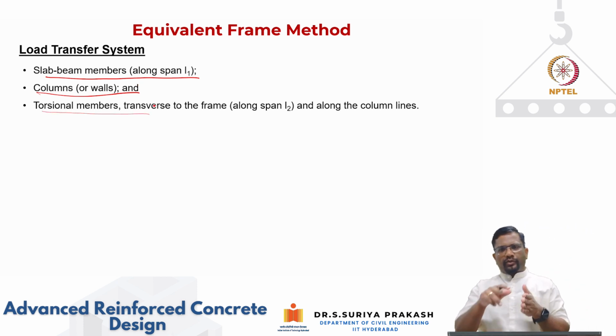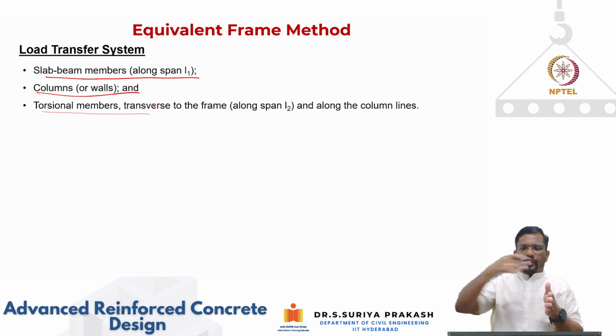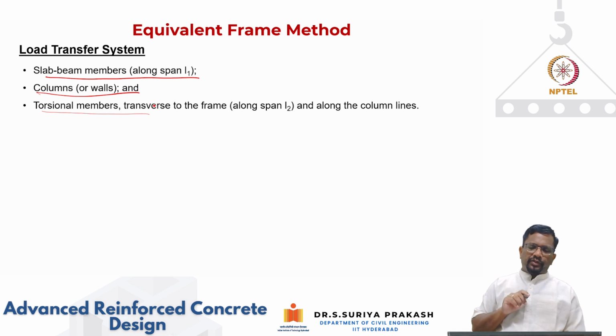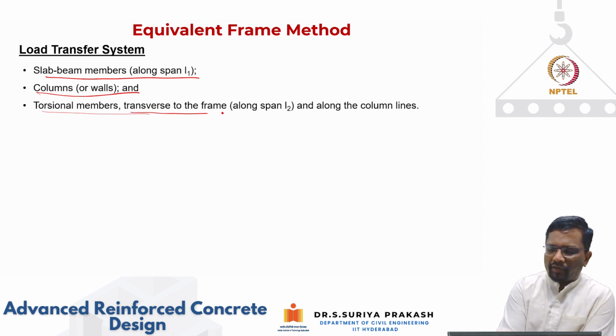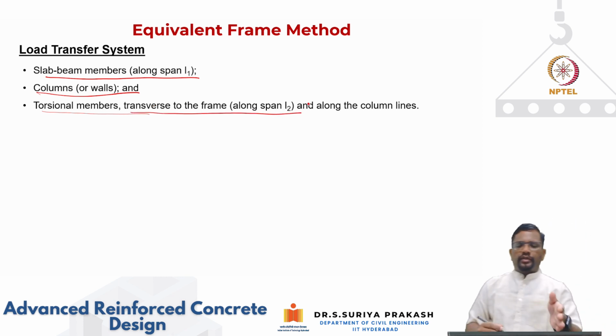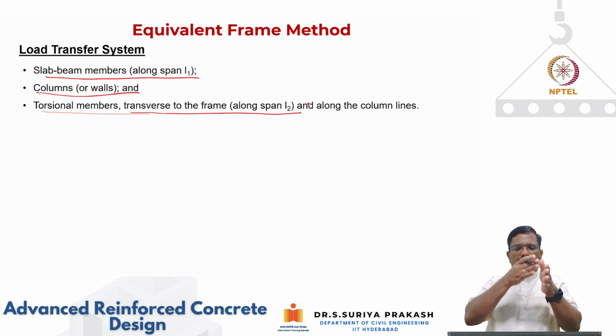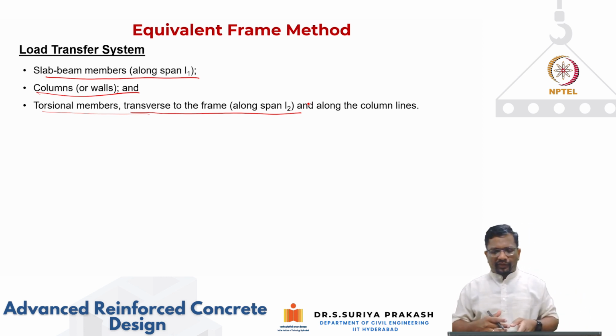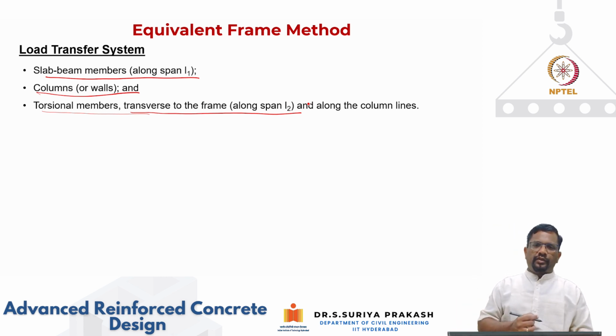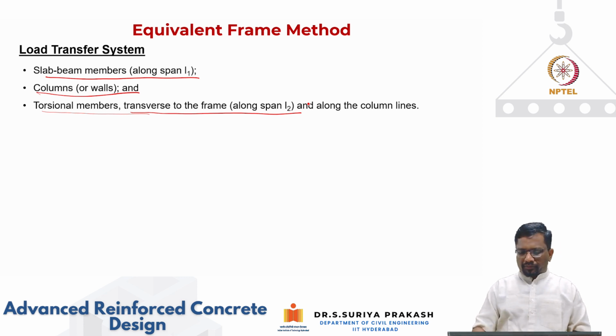The frame also is going to have, if you take a frame along this direction, a transverse beam running in the perpendicular, or orthogonal, direction, transverse to the frame, that is along the L2. Why are these called torsional members? Because when the slab beam is bending, it is going to create twisting in the perpendicular, transverse direction. That is why we call these torsional members.